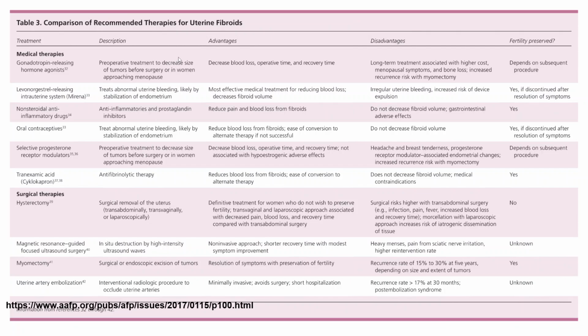There are now many medical treatment options, but none of them in contemporary science has a perfect outcome. The options are gonadotropin releasing hormone agonists, which have to be given preoperatively to decrease the size of the tumor.